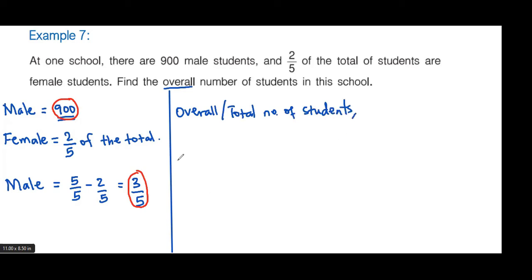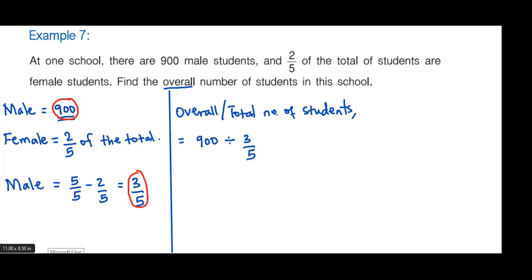It will be, now I will use the number of male and the fraction of male. So this means that I simply have to get 900 divided by 3 out of 5. Is that okay?